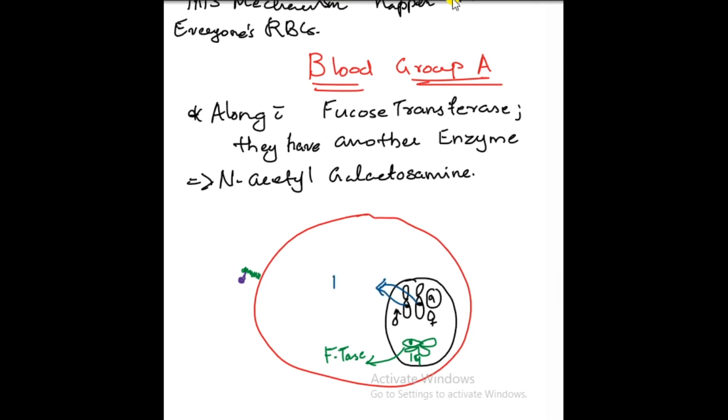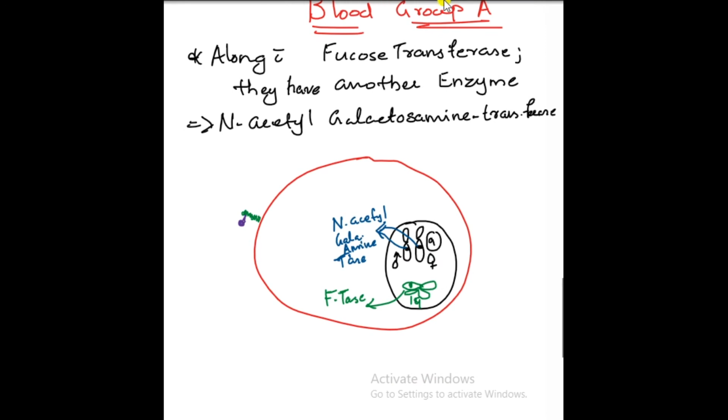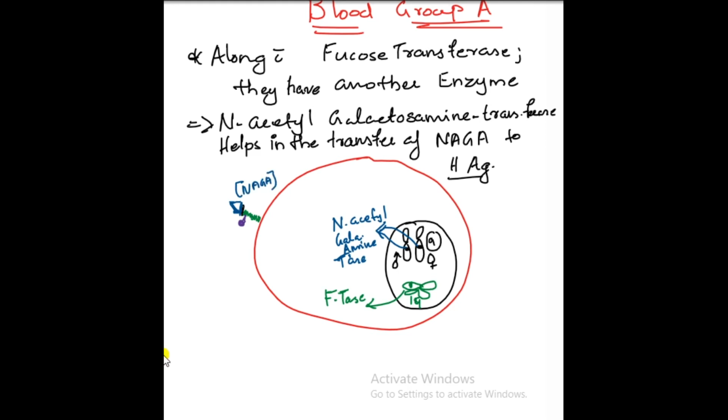one pair comes from male and another pair comes from female, right? So the enzyme from a gene, the enzyme known as N-acetyl galactosamine transferase, what do they do? They make a cap to the H antigen, which means they help in the transfer of N-acetyl galactosamine to the H antigen.